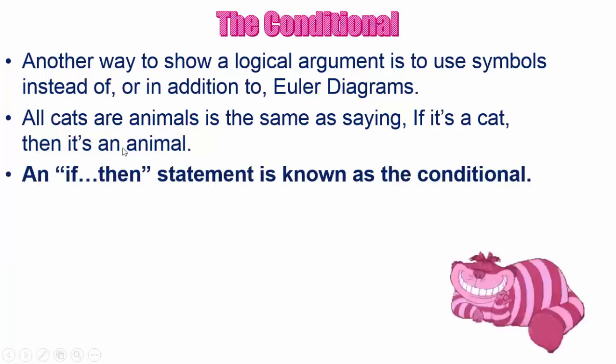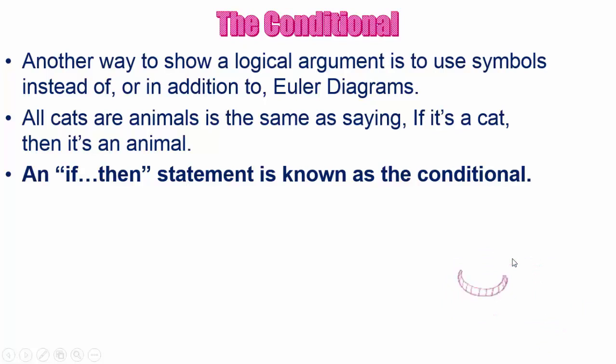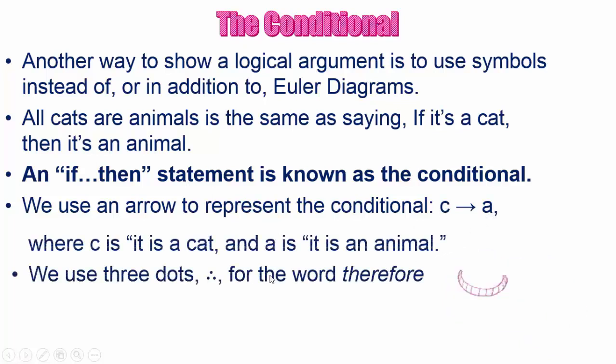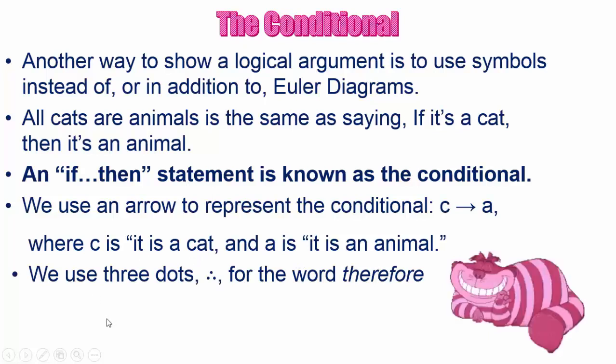And an if-then statement is known as the conditional in logic language. And we use the arrow to represent conditional. If it is C, then it is A, where C is it is a cat and A is it is an animal. And then for the conclusion, we use 3 dots for the word therefore.